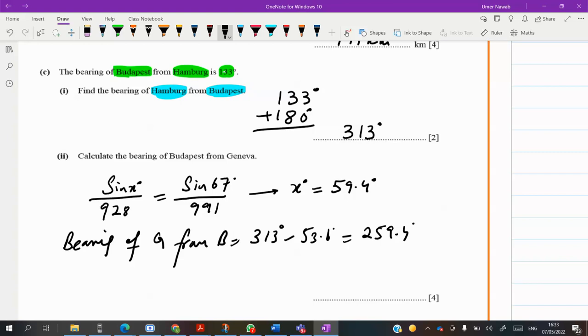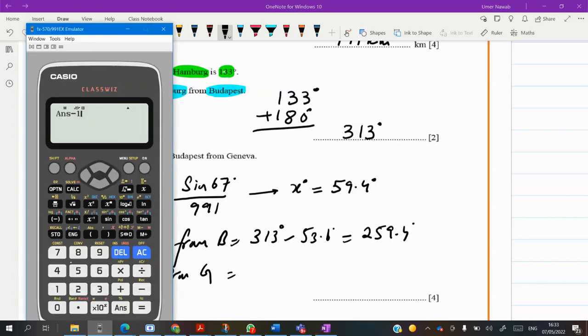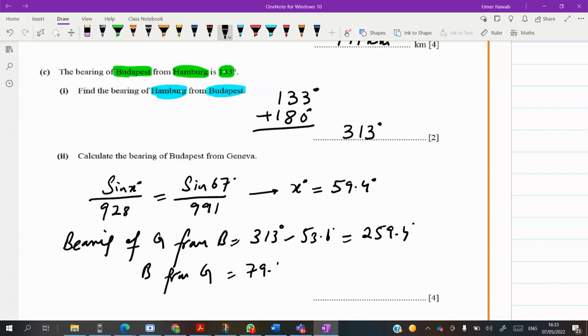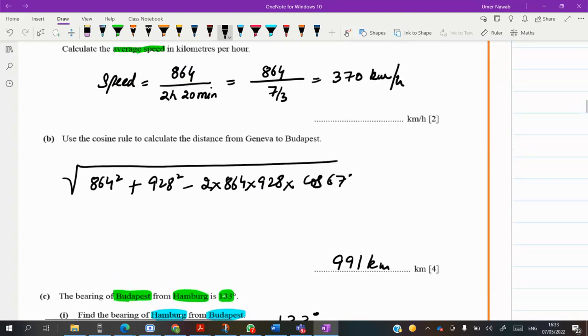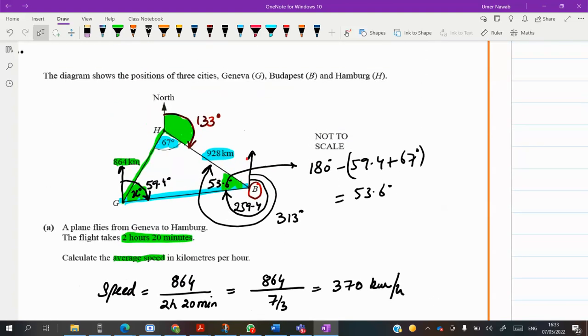The back bearing, if you want to find B from G, minus 180, will give you 79.4. So my bearing is 079, which is this angle.